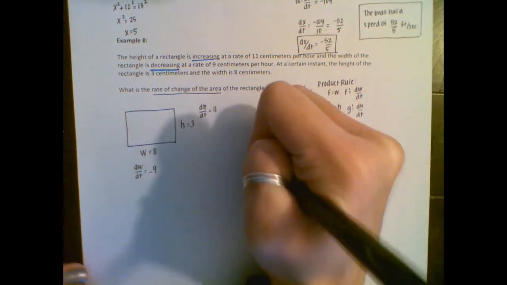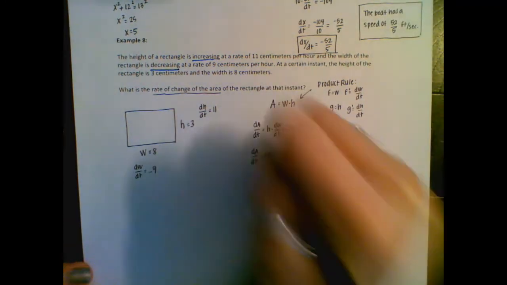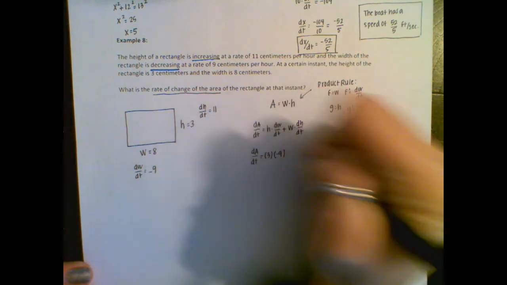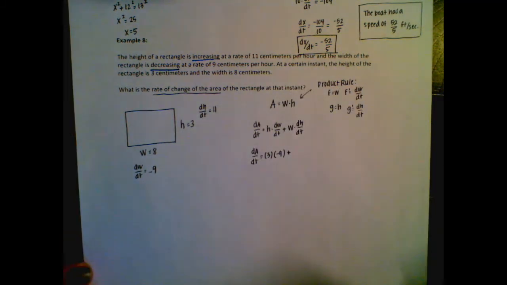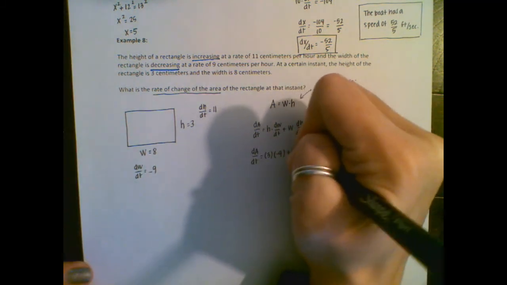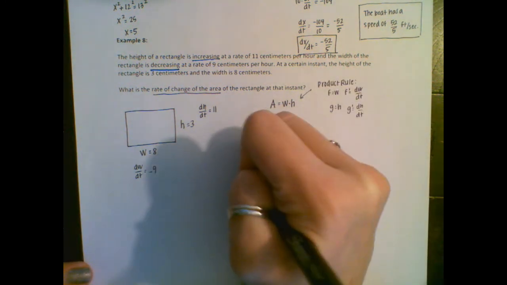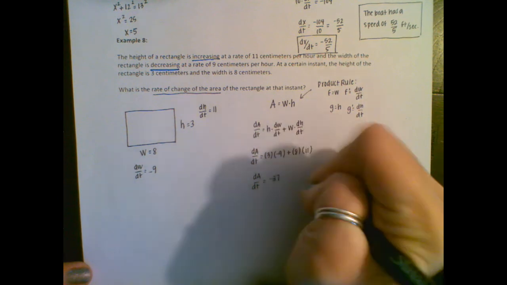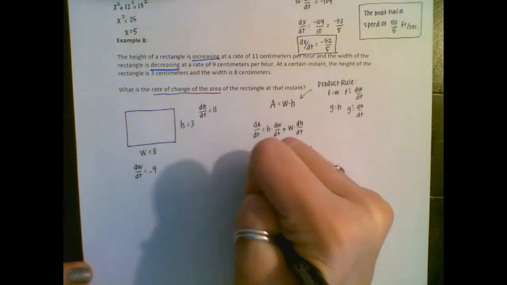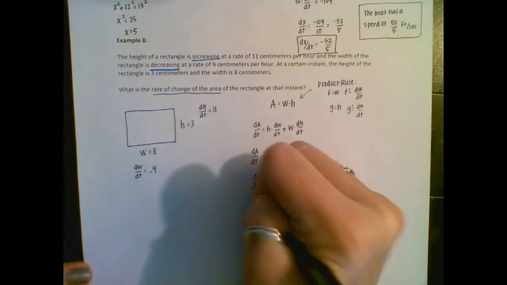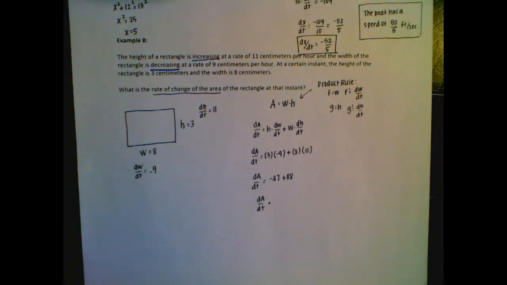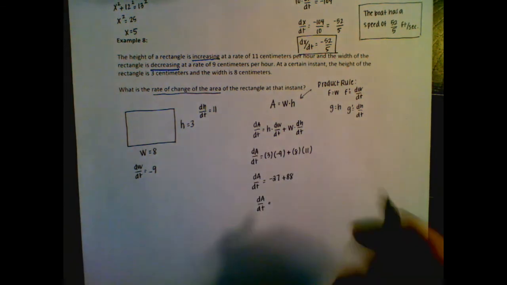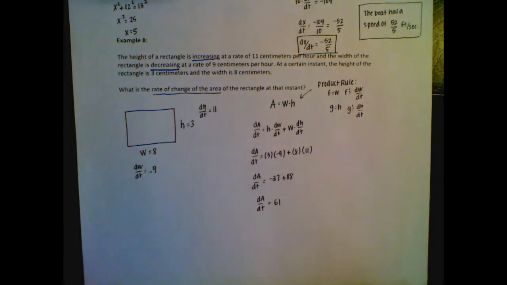That's going to be equal to the height of 3 times the dw/dt of negative 9, plus my w of 8 times my dh/dt of 11. So that's going to be negative 27 plus 88. And that's going to give me a rate of change of the area to be 61.